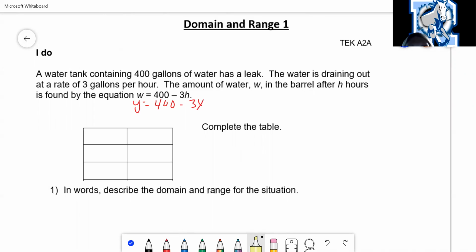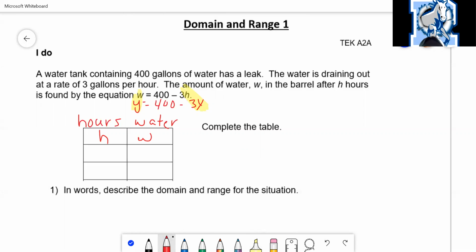This helps me see that the H is actually in the X spot. So this is going to be H, which is hours, and the W is in the Y spot, which is going to be the water.